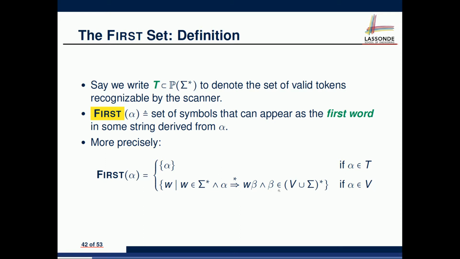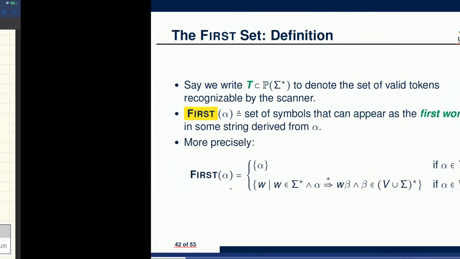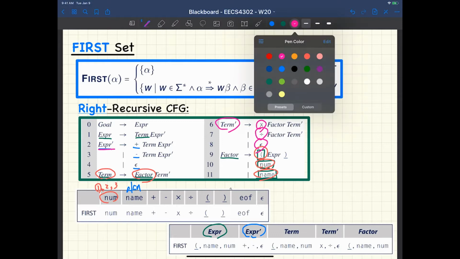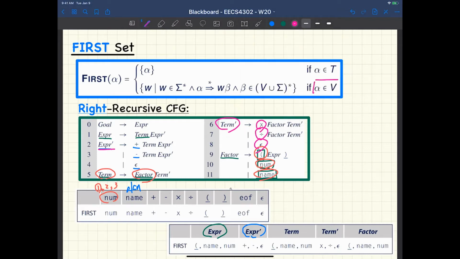Thinking this way, maybe I can switch the iPad and show it to you. That's this case over here. When alpha is actually a variable, how do we calculate its first set? The first set is going to be all the words, and the words will simply be no variables, right? Just sigma star. That one's easy to see.